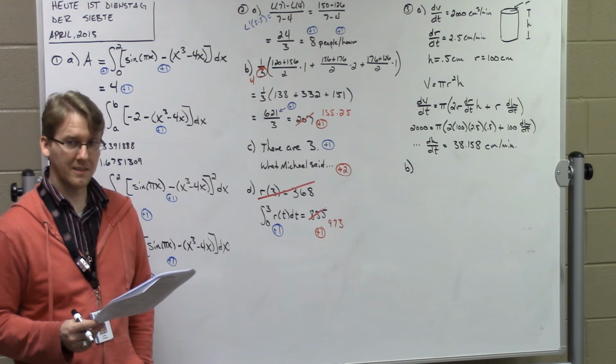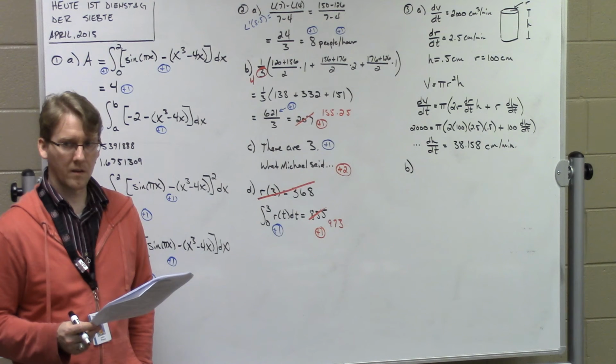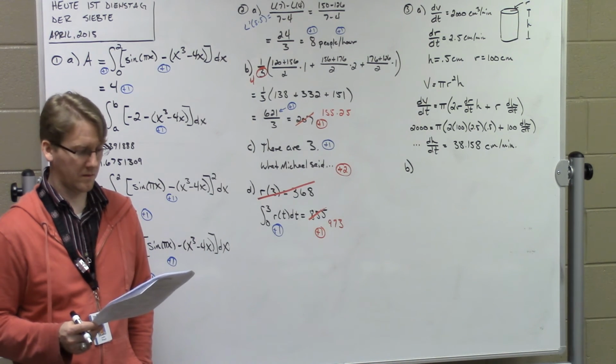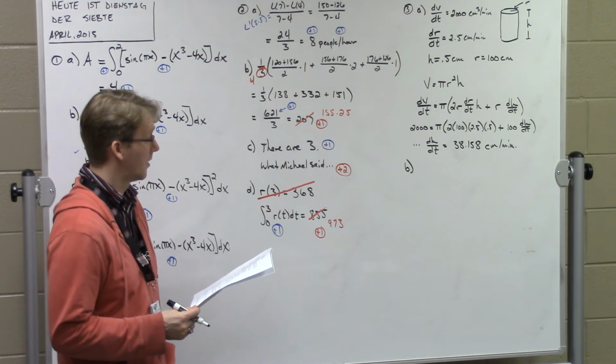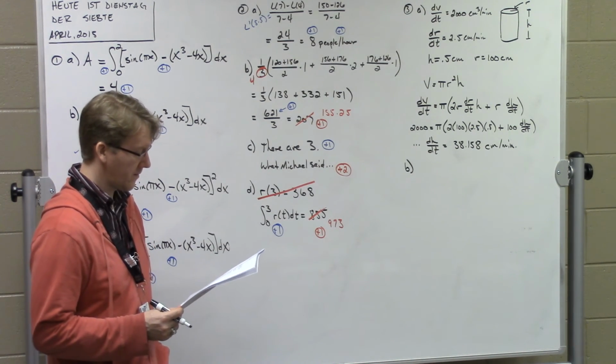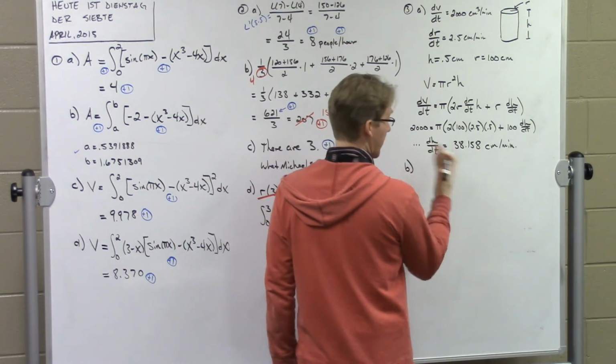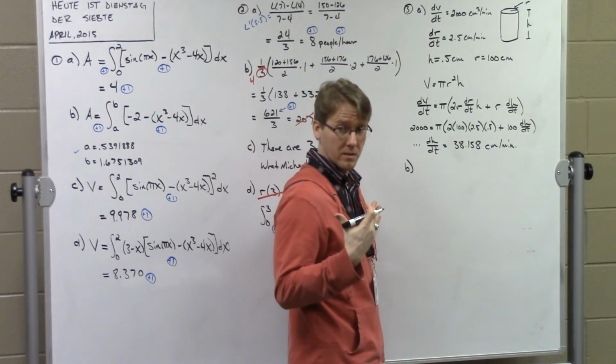I got something different, a much smaller number. What did you get? 3.815. 3.815? Yeah. So same answer, just the decimal in a different place?